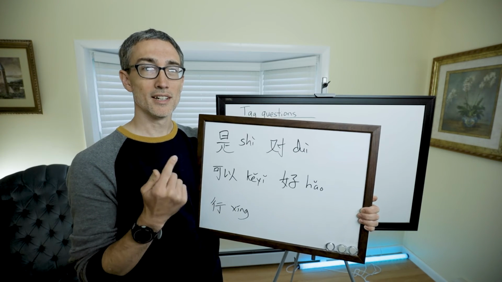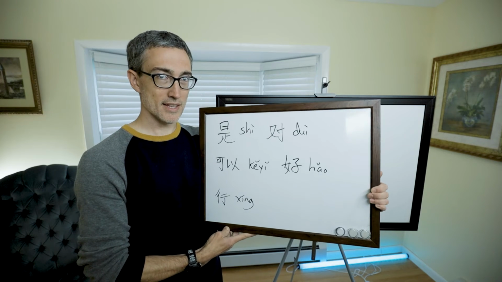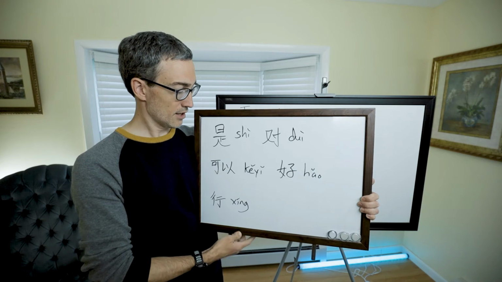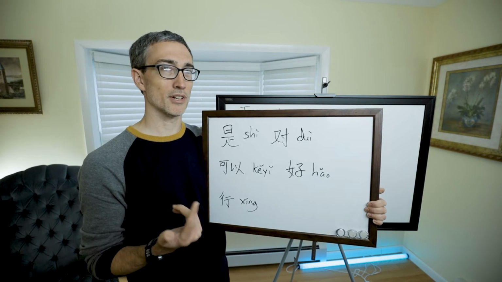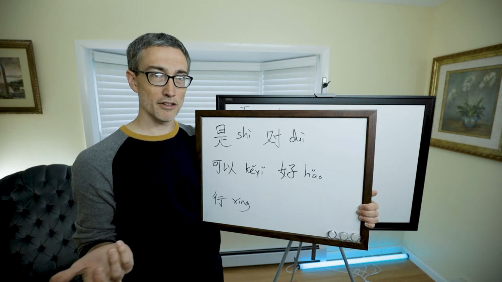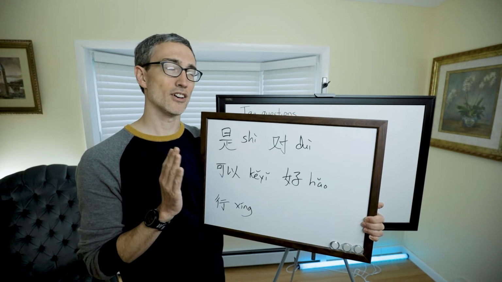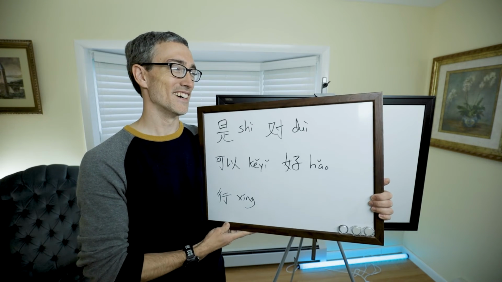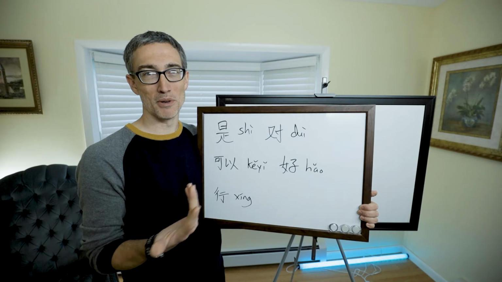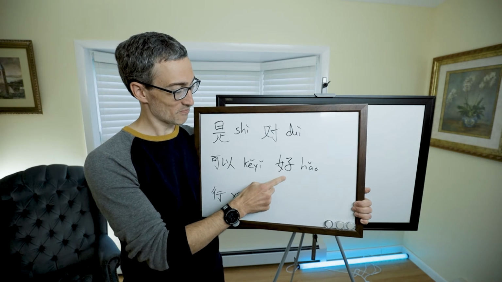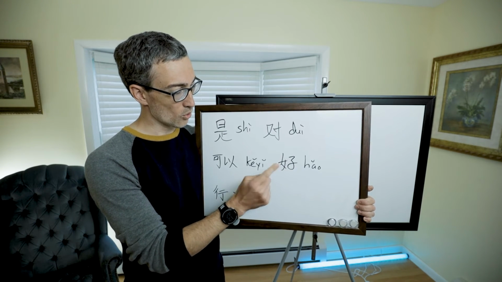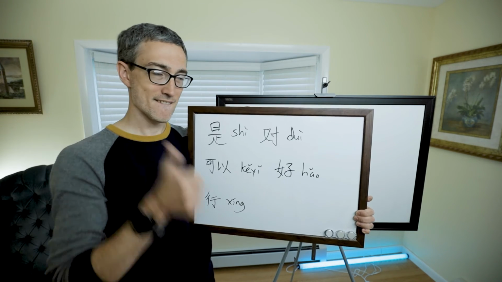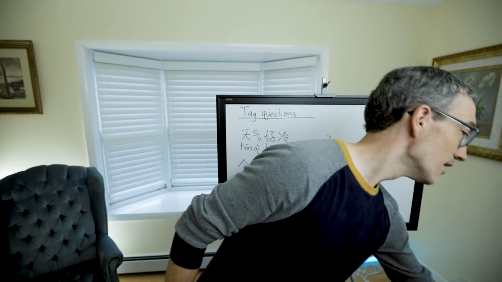Or more commonly 可不可以? Does that make sense? Because I told you can drop the second syllable when you say it the first time. 可不可以? That's probably the most common. But also 可以不可以 is grammatically fine. It sounds a little bit more harsh, strong, like answer the question. It sounds a little bit stronger to me somehow, but it's not a big deal either way. We have 好吗 or 好不好, and we have 行吗 or 行不行. You got it? That's not too hard, I don't think, to grasp.